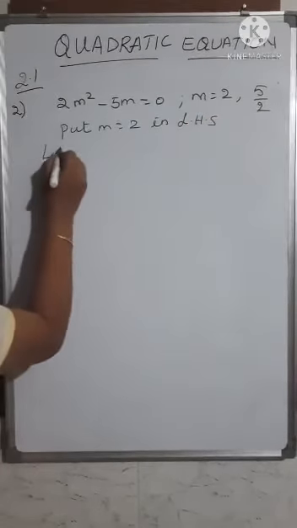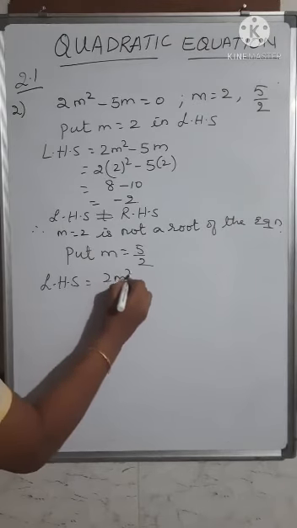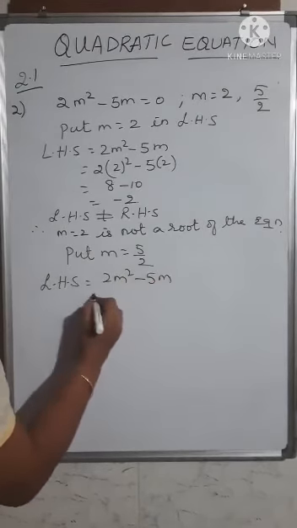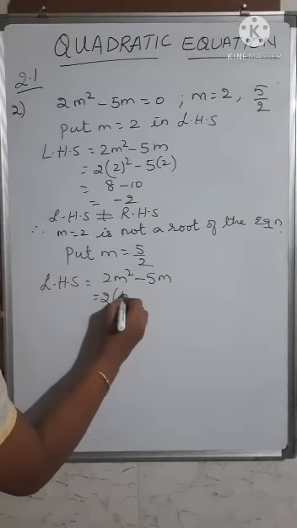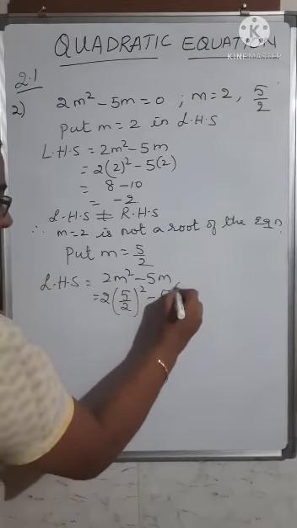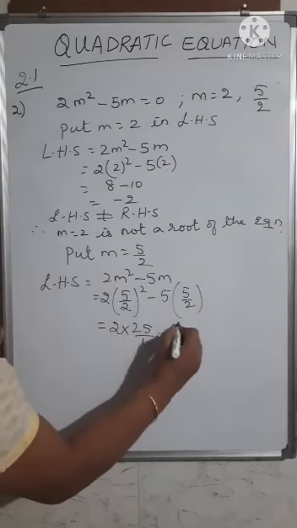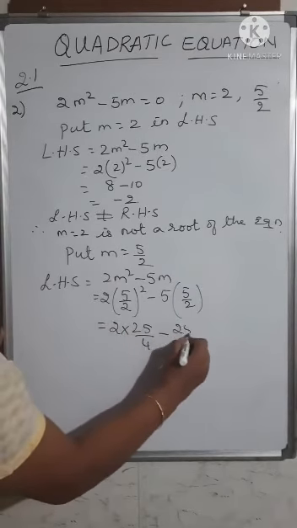In the same way, now substitute m is equal to 5 upon 2. LHS is equal to 2m square minus 5m. So that is 2 into 5 upon 2 whole square, minus 5 into 5 upon 2. So here you get 2 into 25 upon 4 minus 25 upon 2.